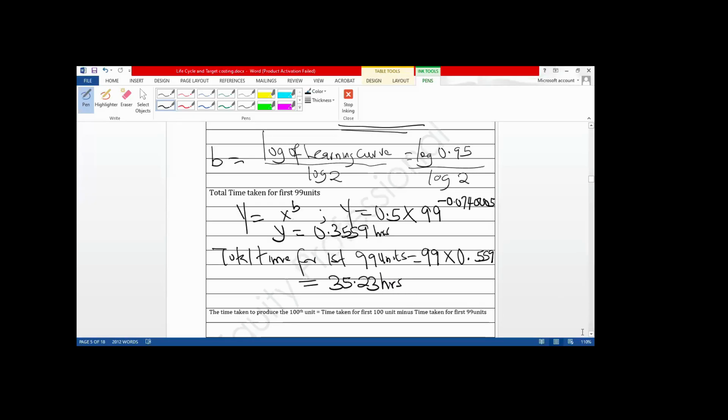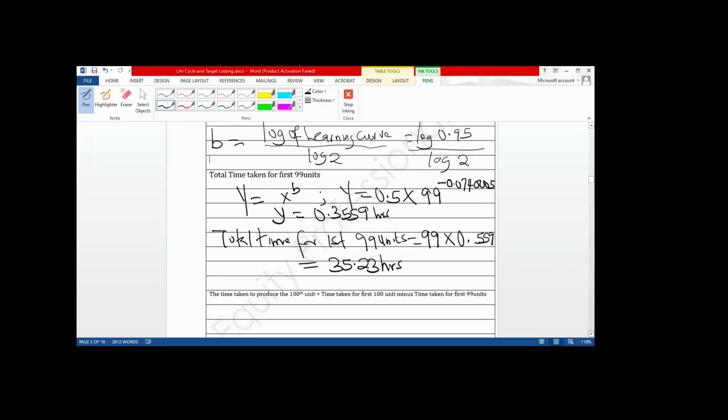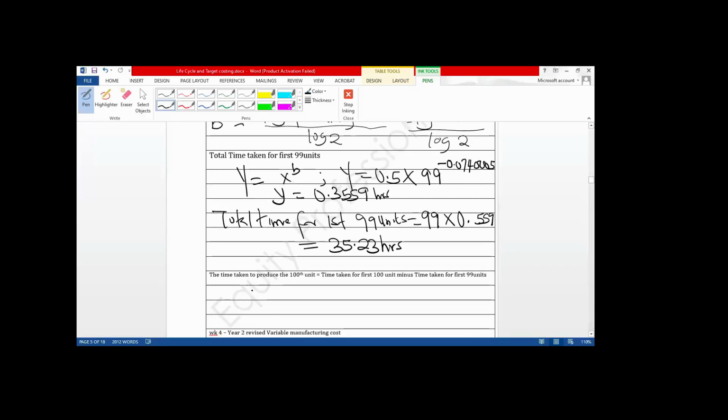When you are done with that, I now take the time taken to produce the 100th unit, the last unit that completes 100. To get that, you are going to take total time for first 100 minus total time for first 99.